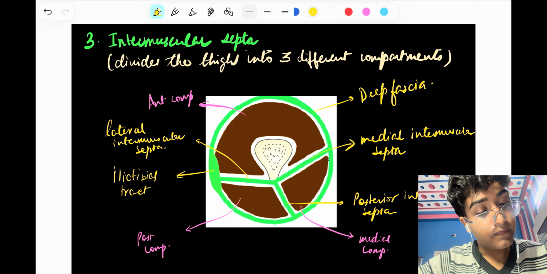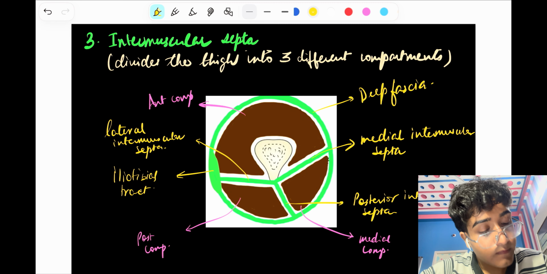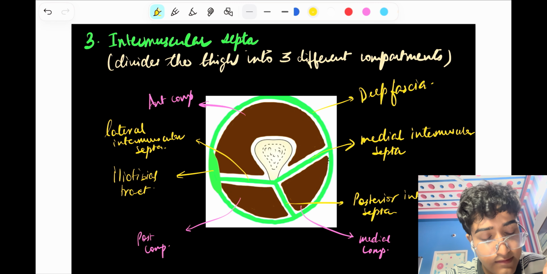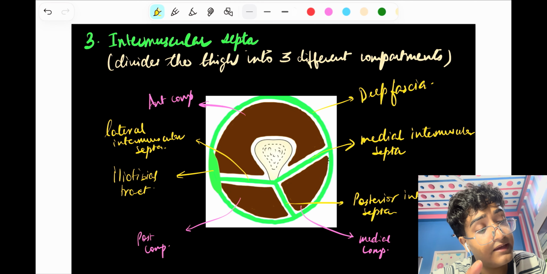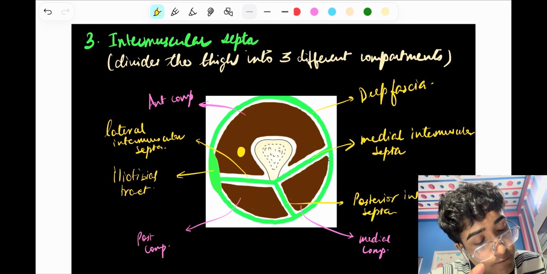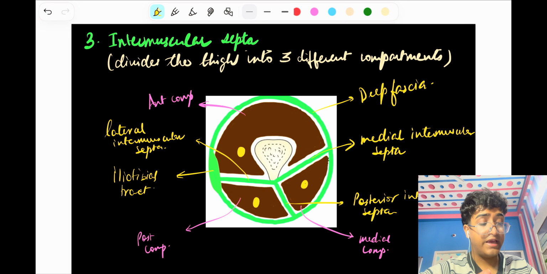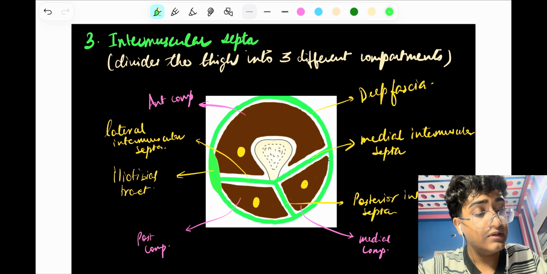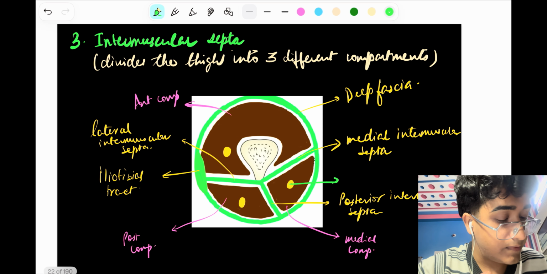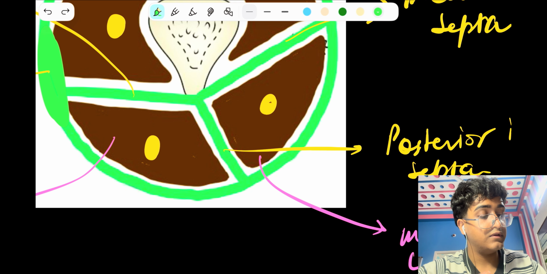One more thing, the anterior compartment of the thigh is supplied by the femoral nerve. The posterior compartment is supplied by the sciatic nerve, and the medial compartment is supplied by the obturator nerve. Just keep in mind, I'll discuss it when we study the individual nerves.